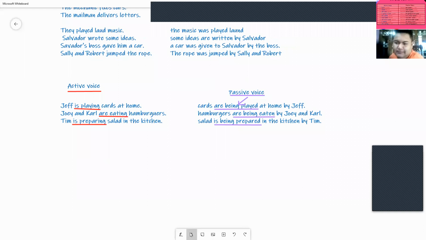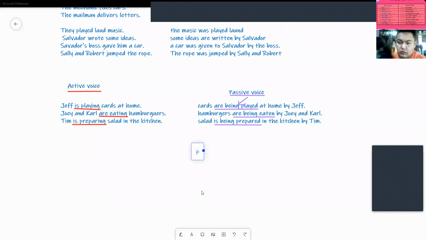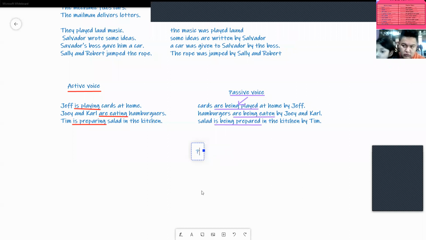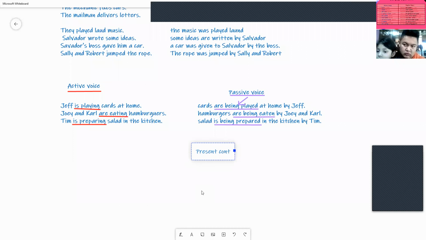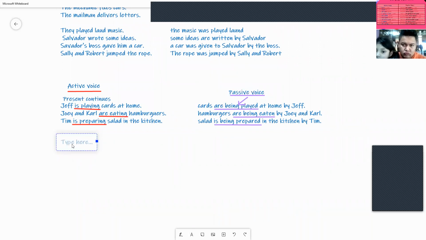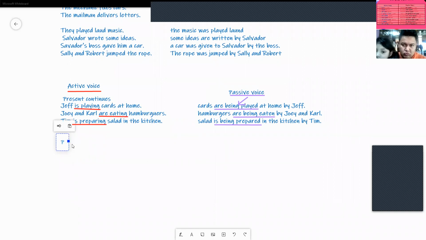We're having here present continuous. Now, what we are going to have here is past continuous.